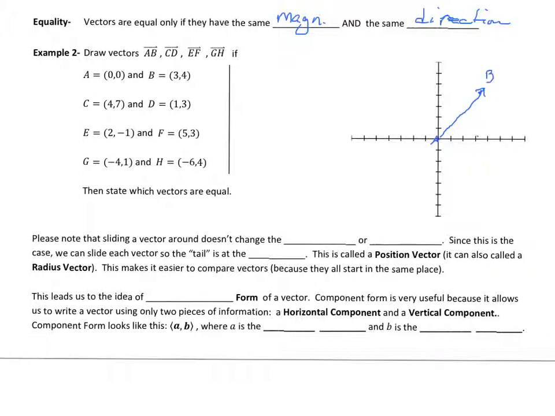All right, CD, we start at 4, 7. 1, 2, 3, 4. And 7 is right here, well, roughly. That's C, and then D is at 1 and 3. So there's D. Okay, E is at 2 and negative 1, and F is at 5 and 3.